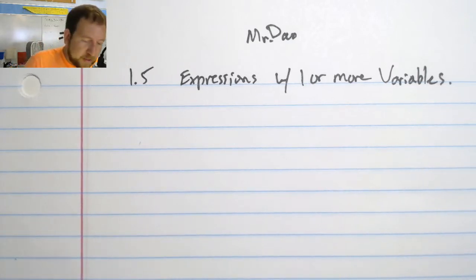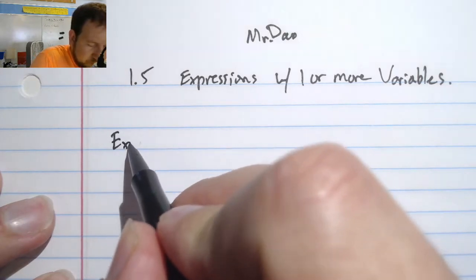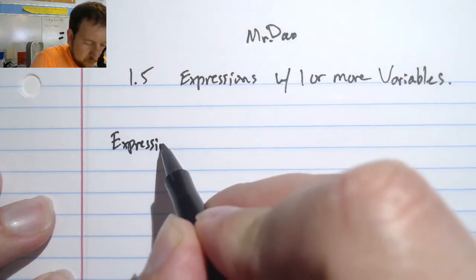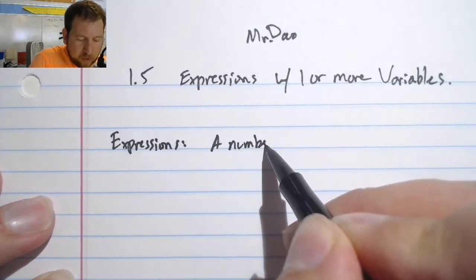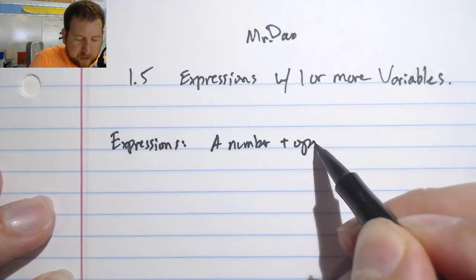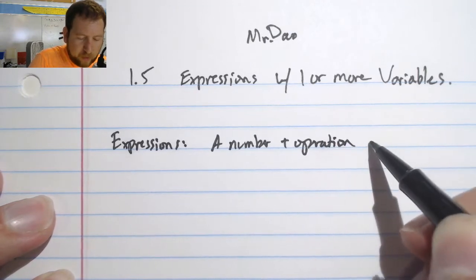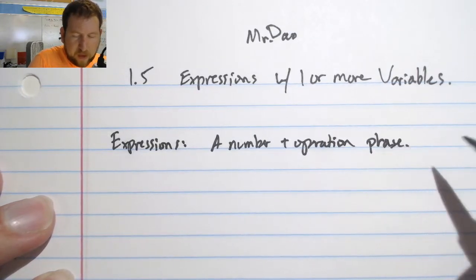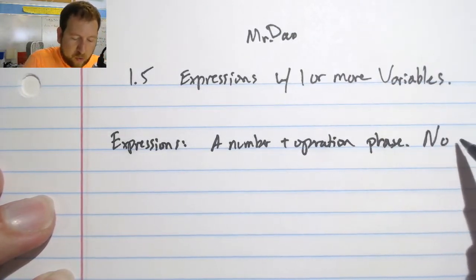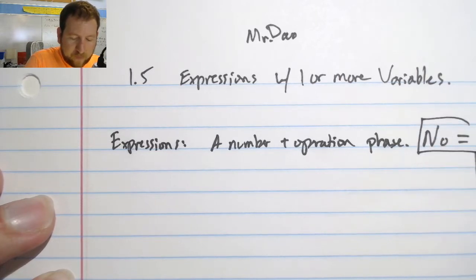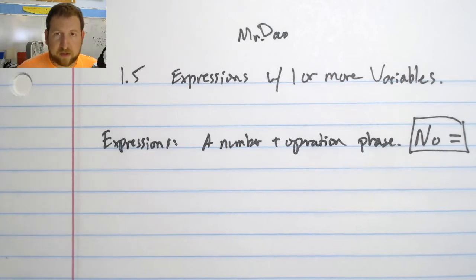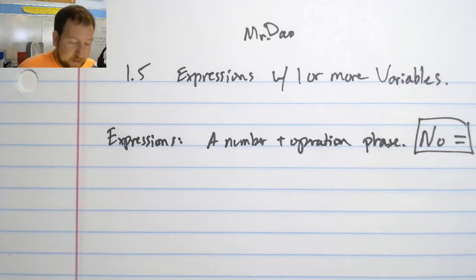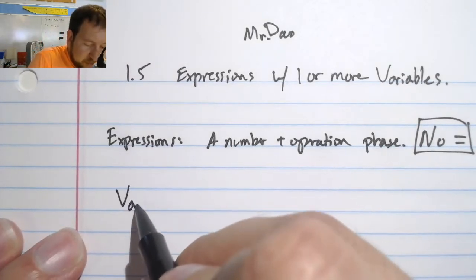And remember again, expressions are just a number and operation phrase. That means there's no equal sign. It's a big thing to remember, and that's what makes expressions different than equations. Okay, and we're talking about specifically variable expressions.